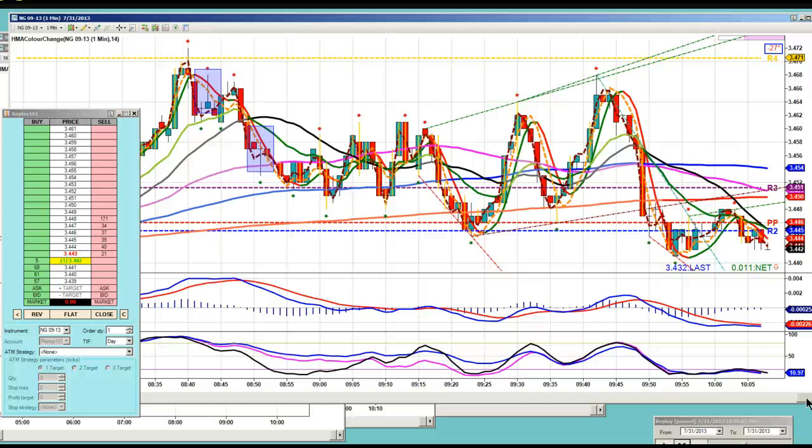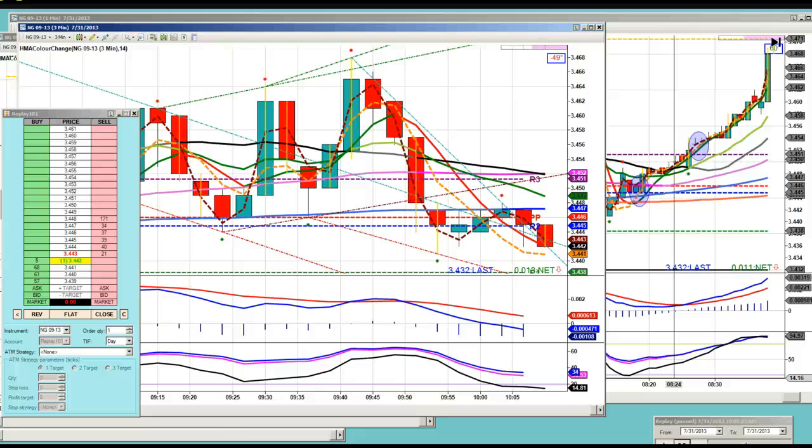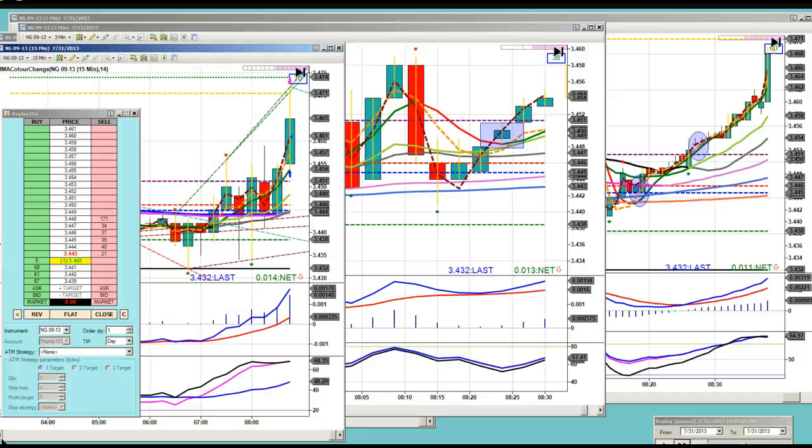See here at 8:30, the 3 minute was matching. The 15 minute was clearly green. Green, green, green. Matchy, matchy across the board. Now we know the run to the R4 is very likely.